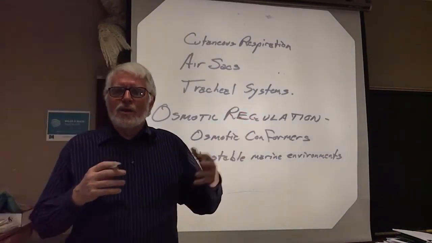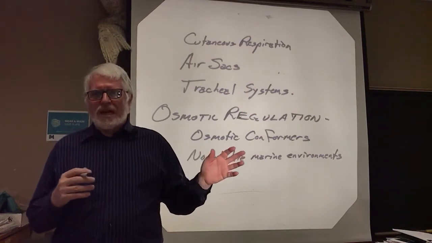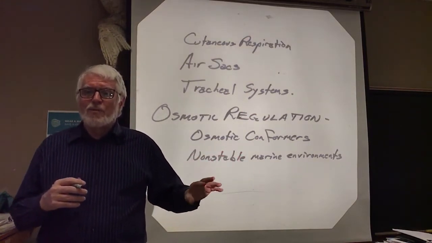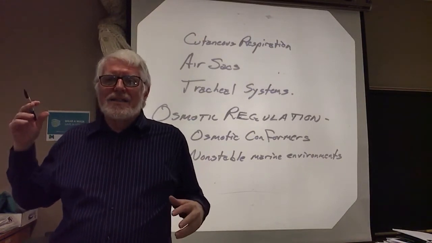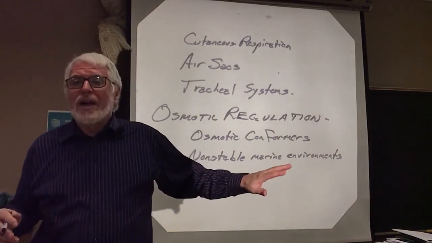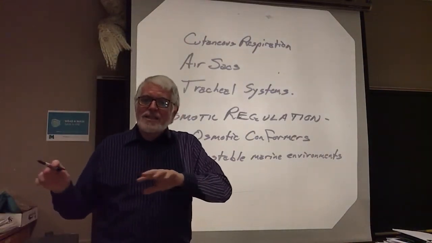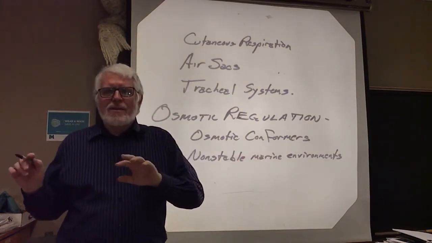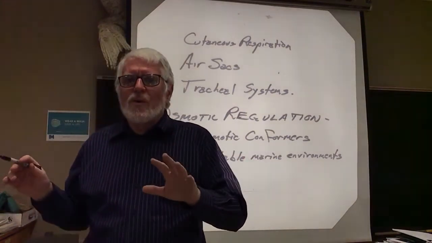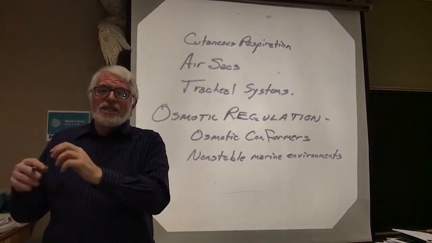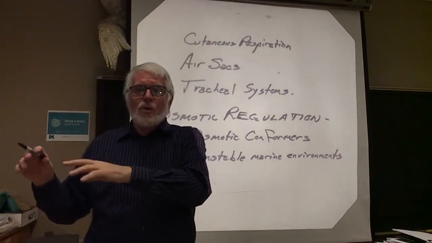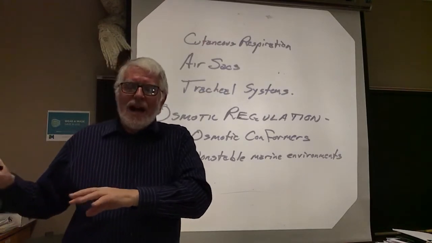Where the ocean water and the land water mix, you have non-stable marine environments. The Hudson River has tides all the way up to Troy. The tides come in, and once you get down past about West Point, you're actually in a mixture area where the water starts to get more and more salty.